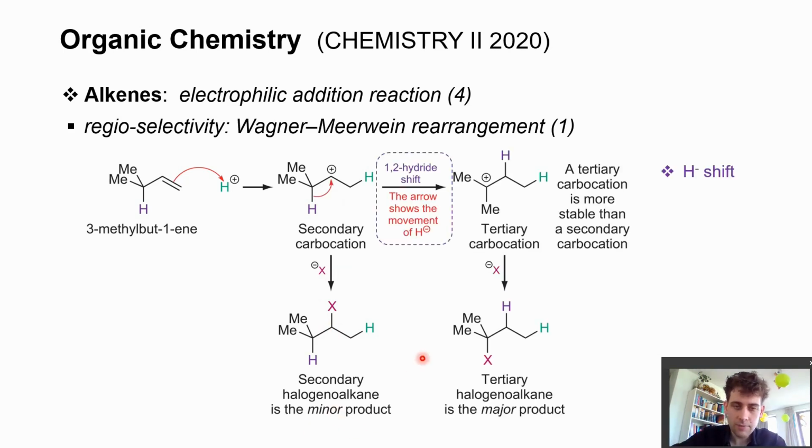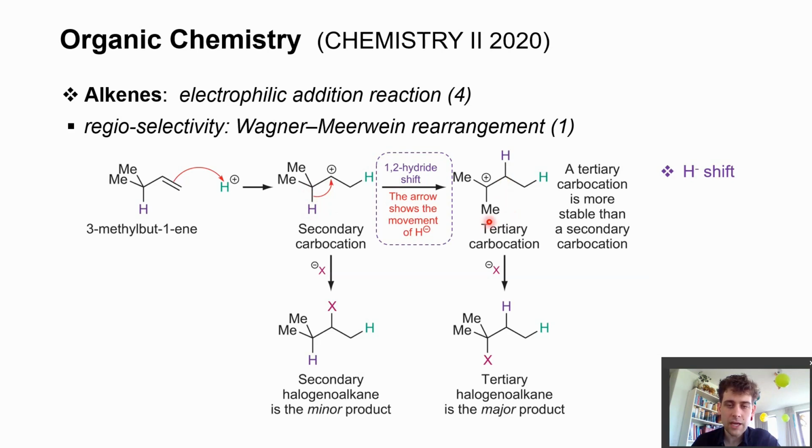What happens here is shown in this part of the slide on the right side, and we are observing a so-called 1,2 hydride shift. So what we see here is that the sigma bond between the carbon and the hydrogen is completely transferring towards this secondary carbocation. And what is the driving force here?